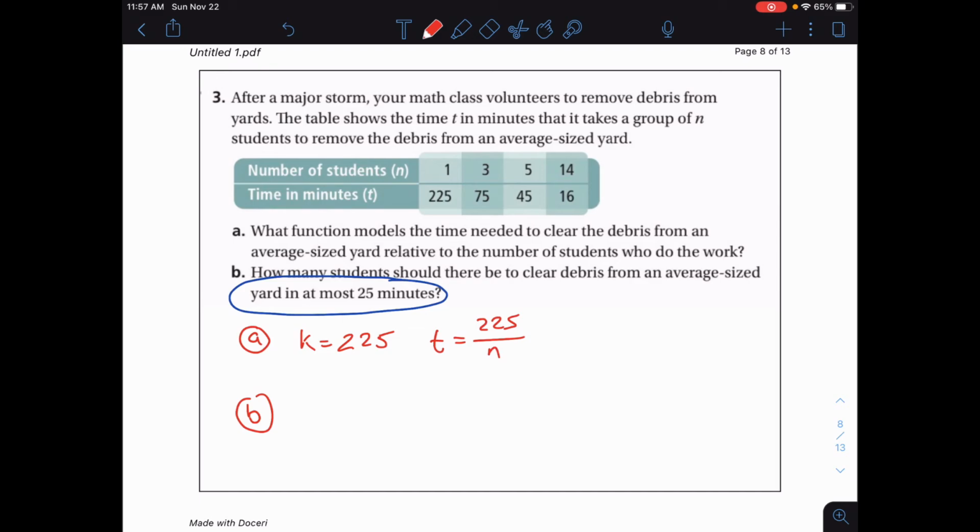Part B asks, how many students should be there to complete debris of an average size yard in at most 25 minutes? So if we take 25 equals 225 divided by n, we'll solve this for n, and we get that there should be 9 students.